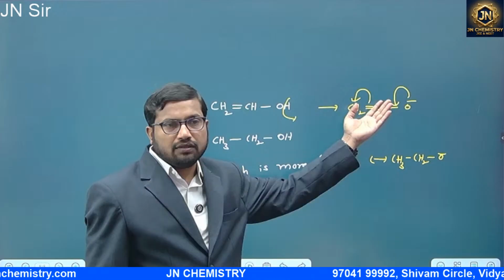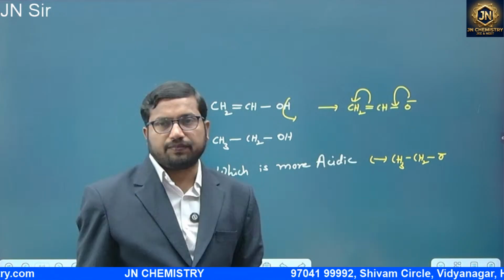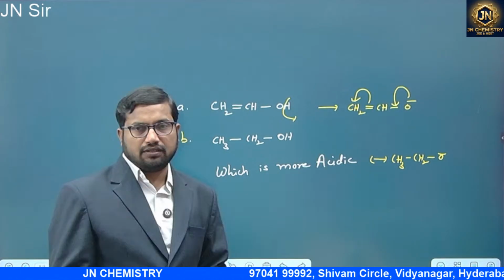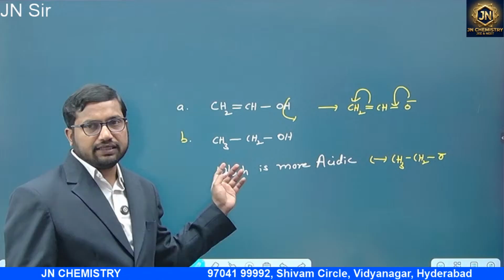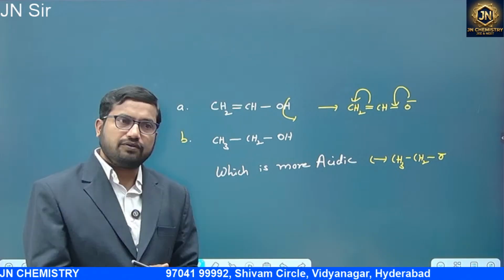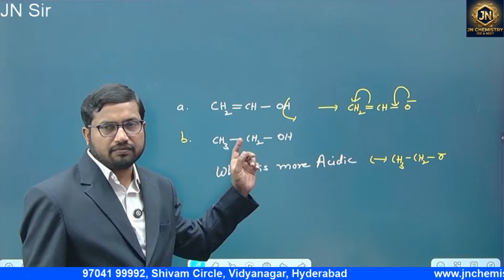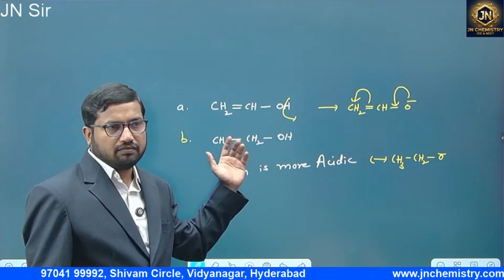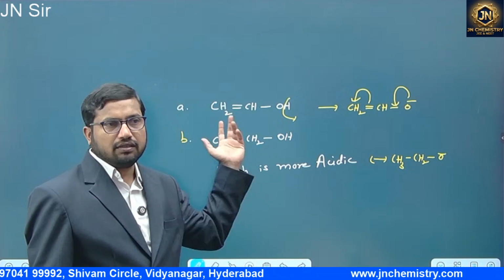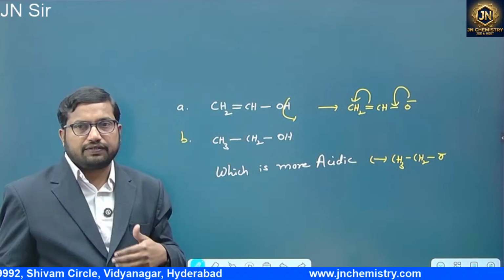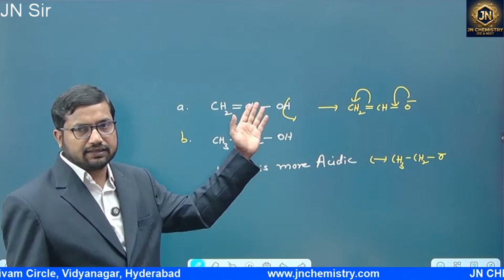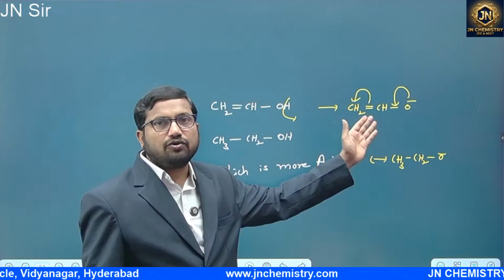For example, if you are giving me 10 rupees, I am giving you 100 rupees. Condition number 1. Condition number 2, if you are giving me 10 rupees, I am giving you only 10 rupees. In which case will you give more and more? In the case where, after losing the H plus, the product is getting more stable because of the resonance. Okay.